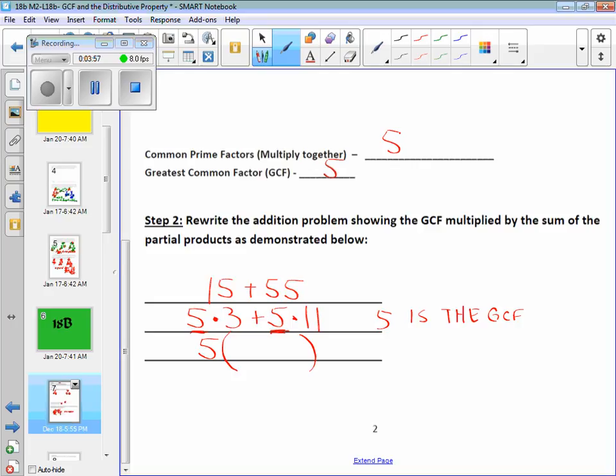Since 5 was my common factor in these two expressions, 5 times 3 and 5 times 11, I'm factoring that out and putting it outside of my parentheses, and what's still left inside? What plus what? Mikey. Not 3 plus 5, because I put my 5 here. Try again. 3 plus 11.